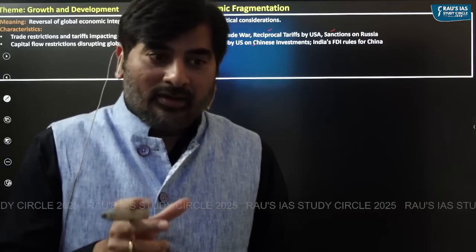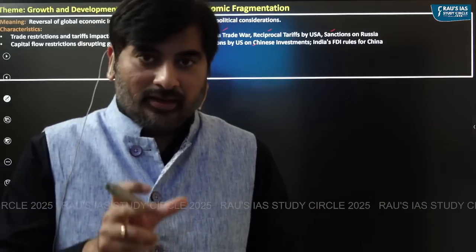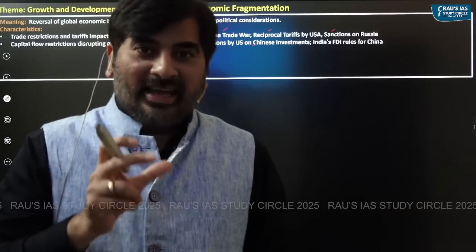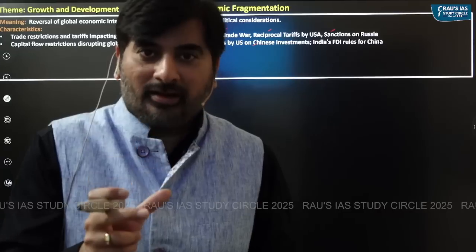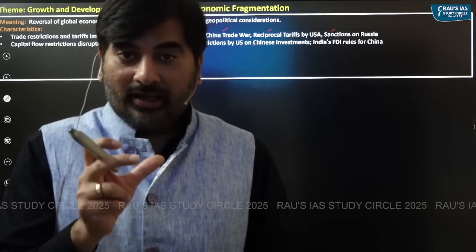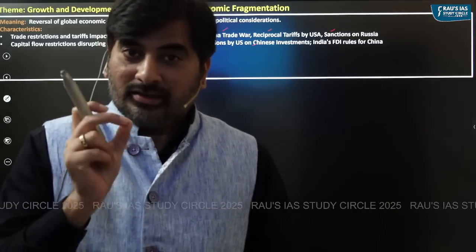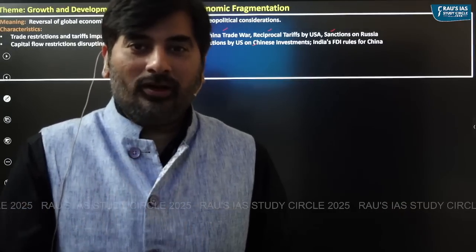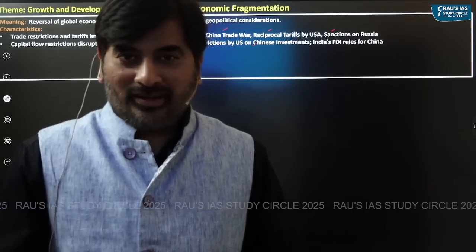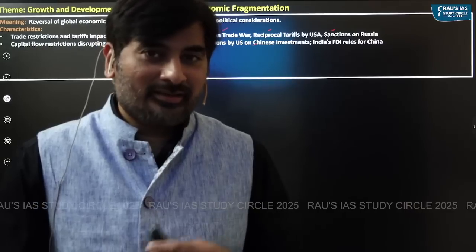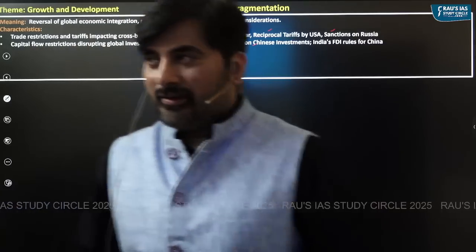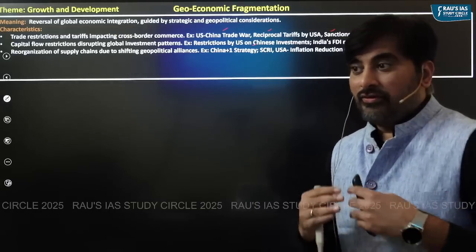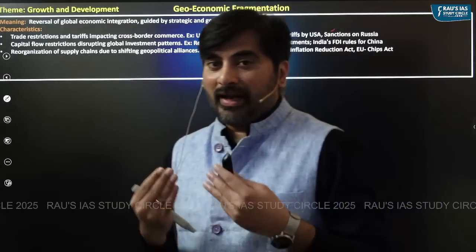So if you look at our FDI policy, the government has said FDI from a country with which India shares border shall come only through the government route, that is approval route. So obviously we are targeting which country here? China.